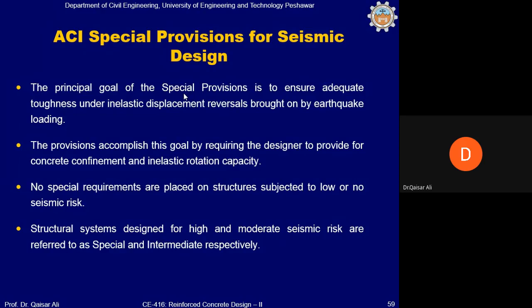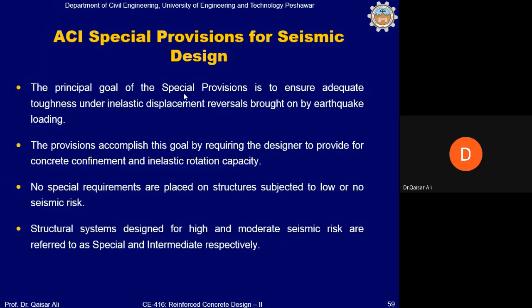The code allows you to use a high value of R, but it places some restrictions on the designer: those provisions of the code must be followed, and only then can the designer use R equal to 8.5. So if R equal to 8.5 is used, the base shear will be less, forces will be less, bending moments will be less, and reinforcement will be less.